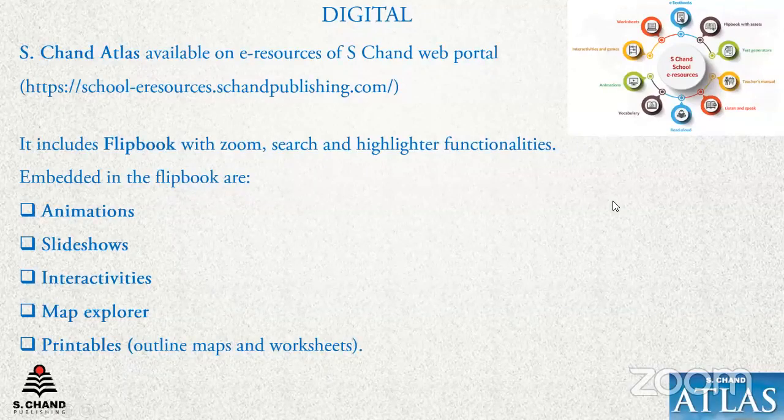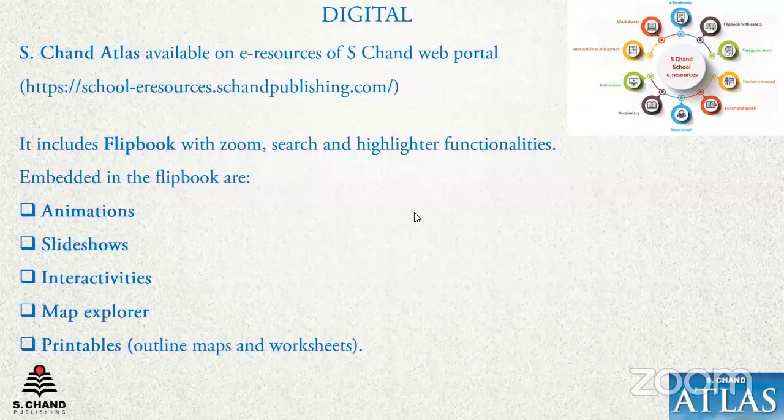And in the second slide page of the flip book, you will see which page consists of which type of activities: animation, slideshows, interactivities, map explorer. At the end, you will also see the printables we are providing. There is a worksheet for printout. You can take a printout and ask the students to do this type of activity.